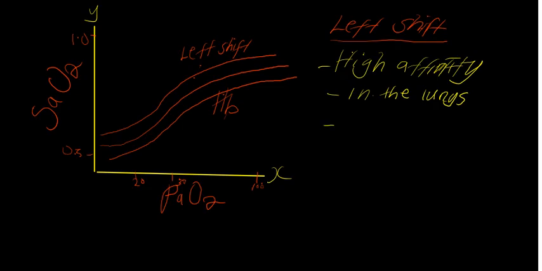So we're going to say decreased carbon dioxide. The decrease in carbon dioxide basically means a decrease in hydrogen ions. And the decrease in hydrogen ions means that the pH is high.